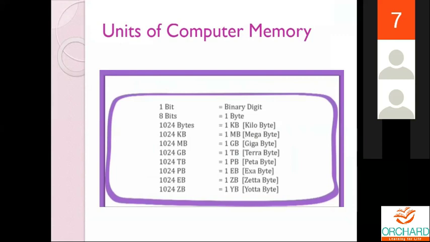And MB means megabyte, GB gigabyte, TB terabyte, PB petabyte, XB exabyte, ZB zettabyte, YB yottabyte. You can remember the first 3 alone. That is enough for your stage. You are in the 7th standard only, no? So please remember the first 3 alone.